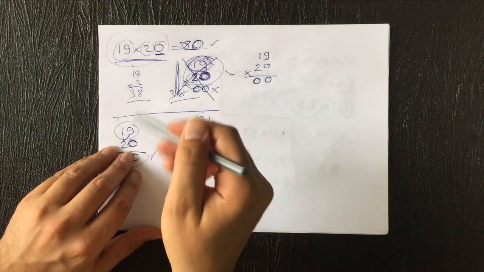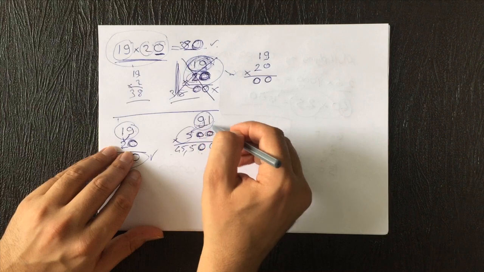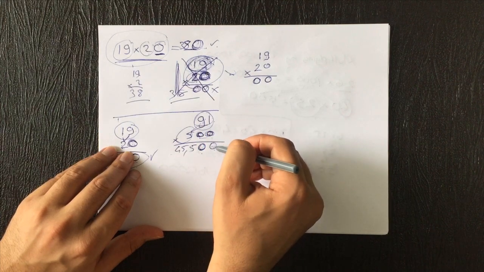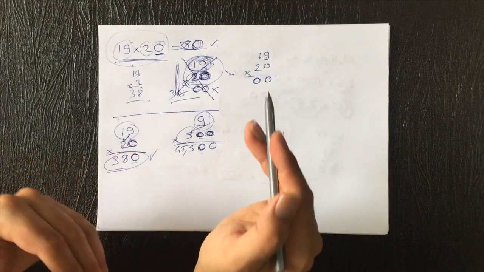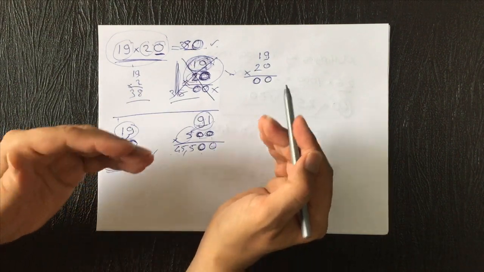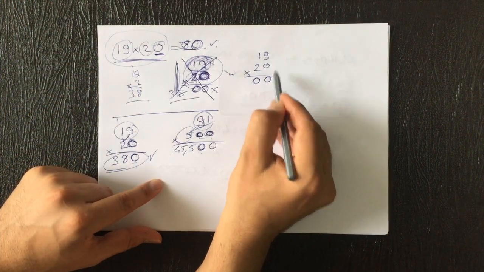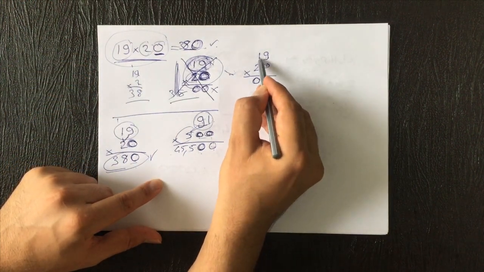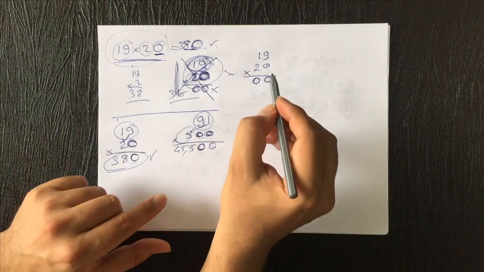Look, not like before, not all together. 0 times 91 and 0, we don't do this anymore. Okay? Now we will come to the real multiplication. How we can do it with 2-digit numbers. 0 times 9, it is 0. 0 times 1, it's 0. So always one by one, okay?